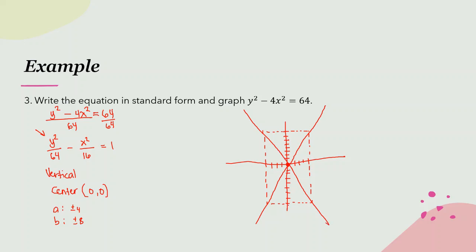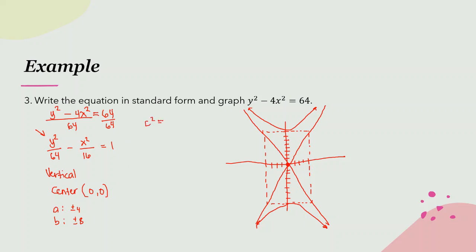Then, as we know, this is the vertex. So meaning to say our hyperbola is somehow like this, going through the asymptote and the vertex. And then afterwards we have to find our foci.